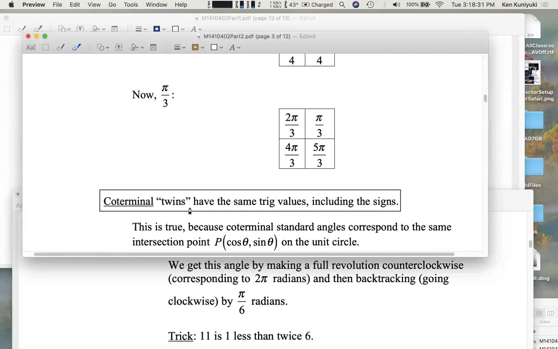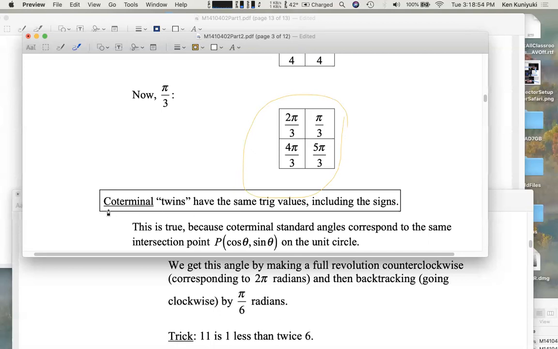All right. Coterminal twins, remember, have the same trig values, including the signs. So, for example, 5 pi over 3 is coterminal to negative pi over 3. They're going to have the same sine value, cosine value, tangent value, and so forth. But then, why is it that we care about these brothers or sisters or coreference angles?